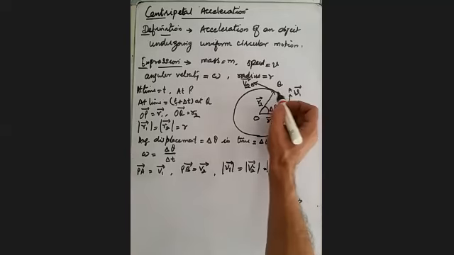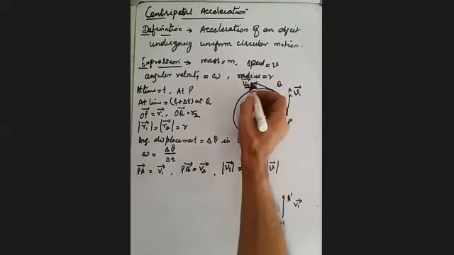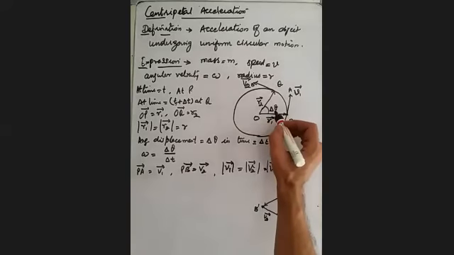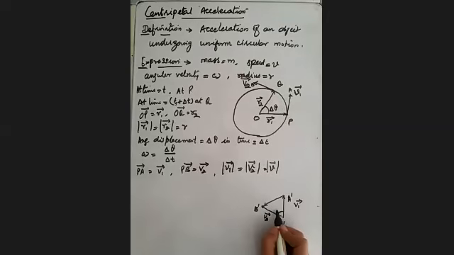And in the same way, draw another vector from P dash equal and parallel to QB, representing the velocity V2, and call this P dash B dash. So this is velocity V1, this is velocity V2. Finding out the difference, let us join A dash and B dash. The angle between the two position vectors is delta theta, and the angle between the vectors perpendicular to both will also be delta theta.